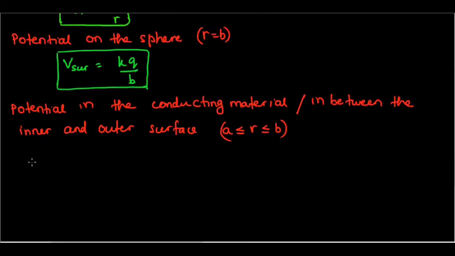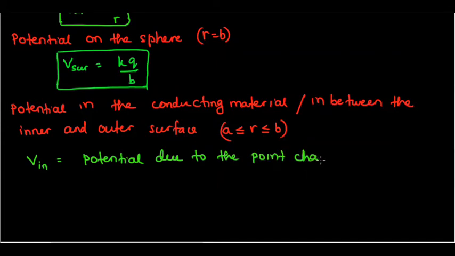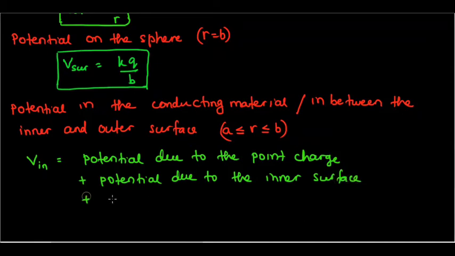So I can write that V inside, or V in, is equal to, again, the sum of the potential due to the point charge, plus the potential due to the inner surface or inner shell, plus the potential due to the outer shell or outer surface.